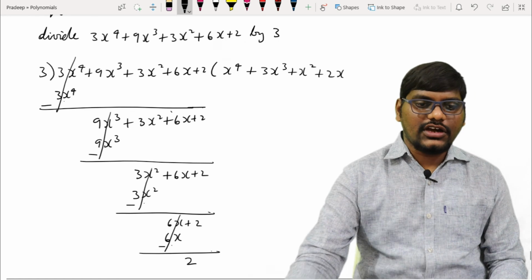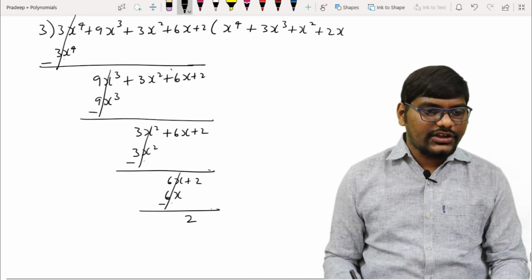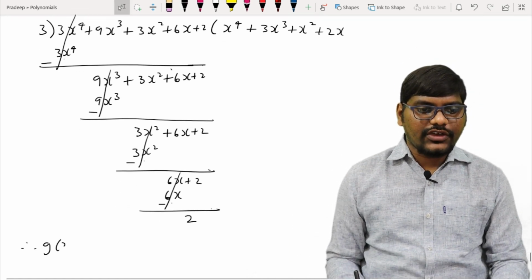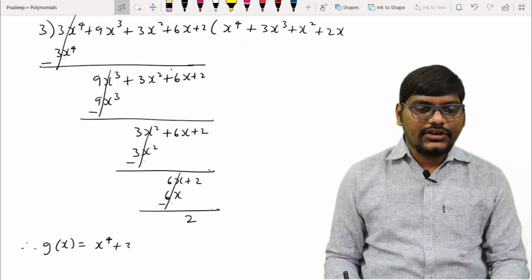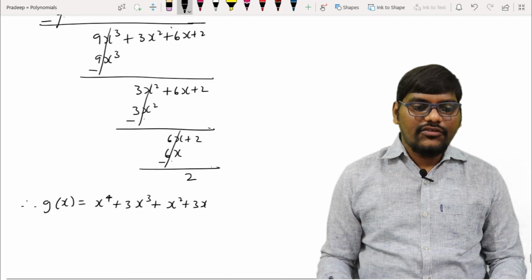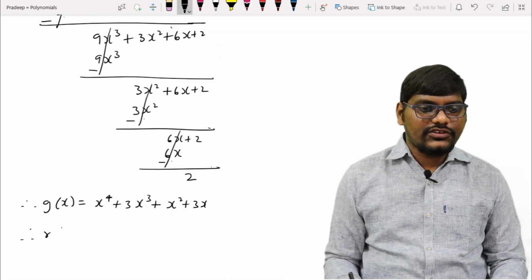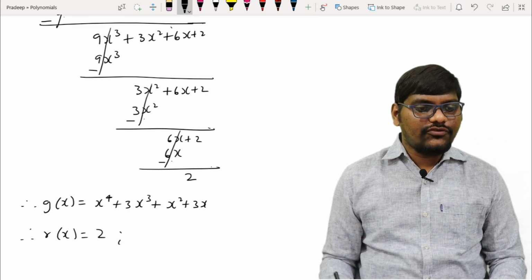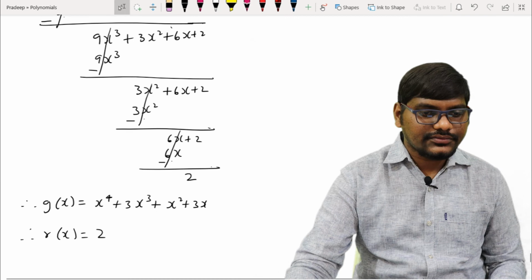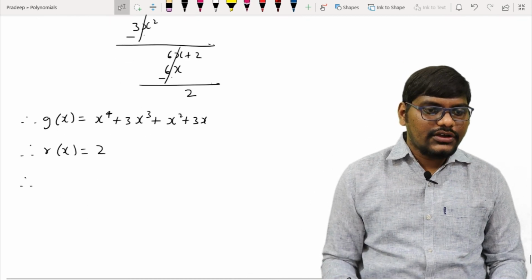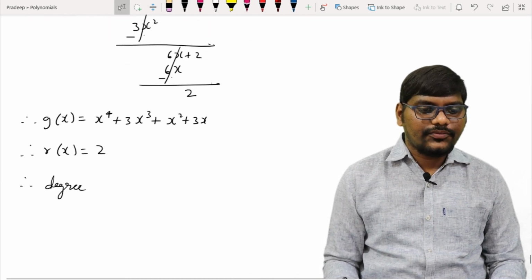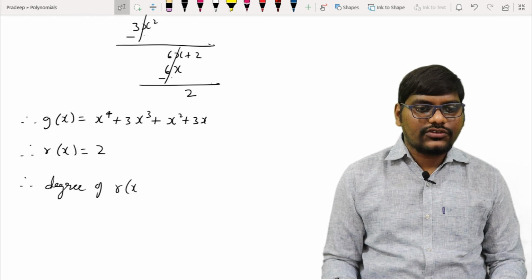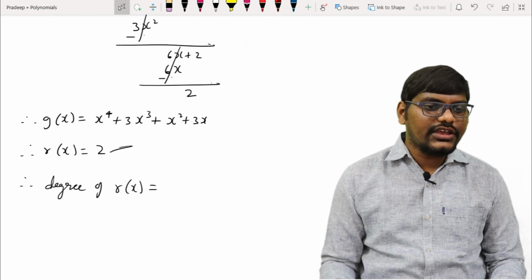So let's write the conclusion over here. Therefore g of x equal to x power 4 plus 3x power 3 plus x square plus 3x, whereas the r of x, if we observe, is 2. Okay, so therefore degree of r of x, what is the degree here?